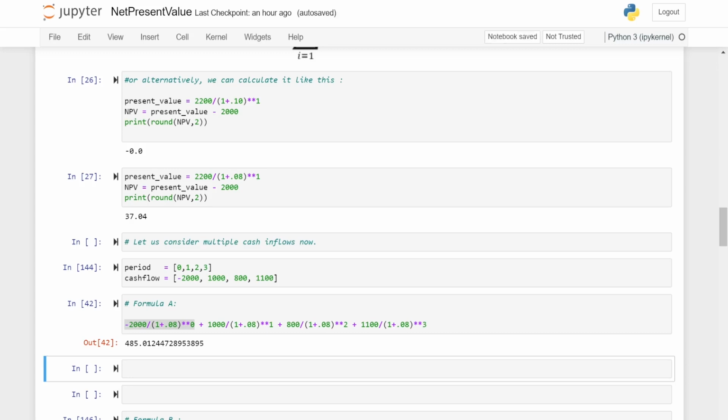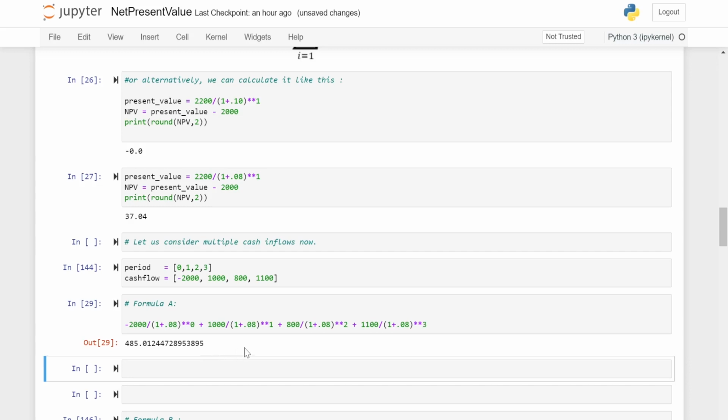So once we do the calculation, the net present value comes to 485 rupees, which means this project is very much viable and we will take up this project. This is making money. Okay, that is fine.